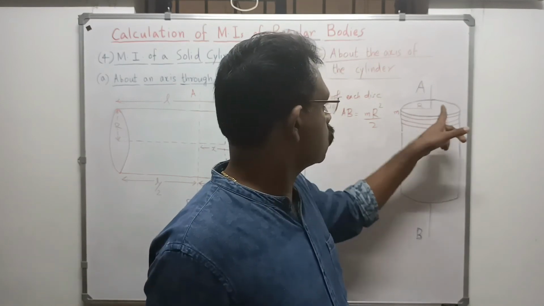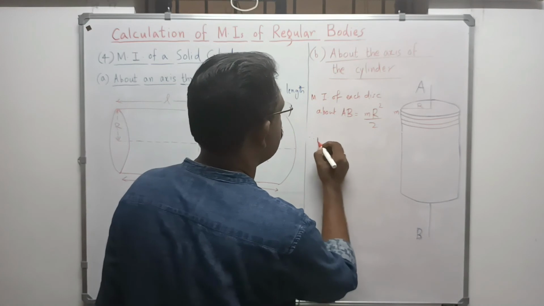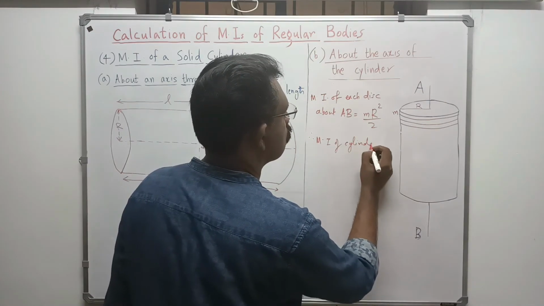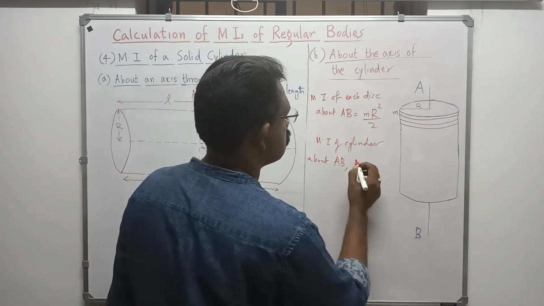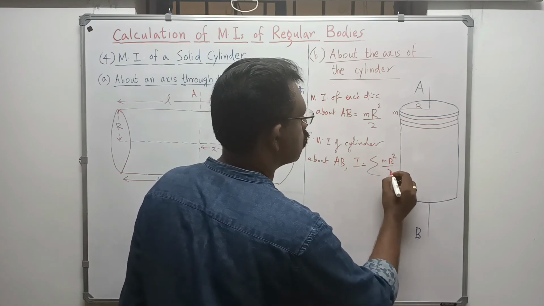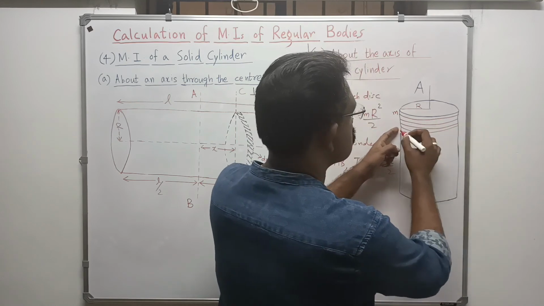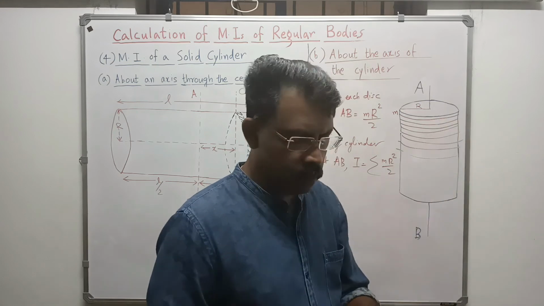Therefore the next step is: moment of inertia of the cylinder about AB, I, is equal to sigma mr squared by 2. Just summing up the moments of inertia: this disc plus this one plus this one plus this one, all of them you have to add.